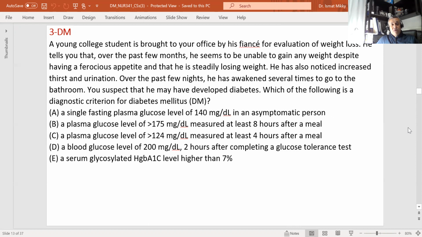So the diagnosis of diabetes mellitus can be made in any of the following ways, because we have certain criteria to follow to diagnose patients with diabetes, like a fasting glucose level of at least 126. And we talked about the other tests like the oral glucose tolerance test, the impaired glucose tolerance and the fasting and all of that, and the hemoglobin A1C as well, in previous slides.